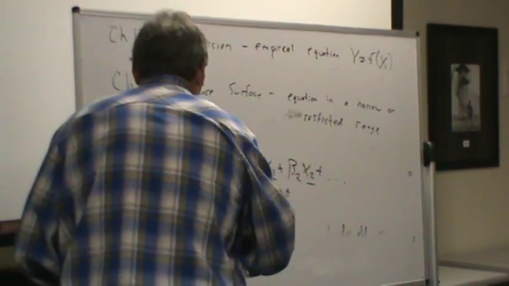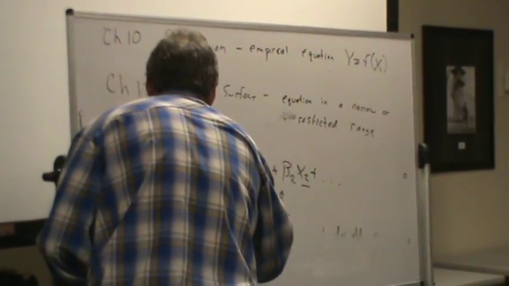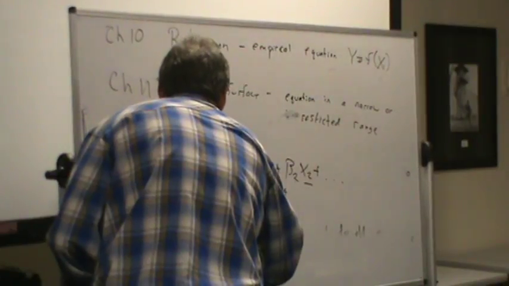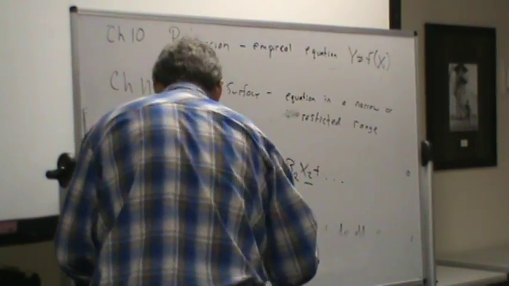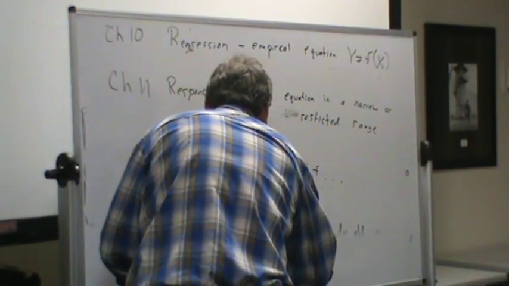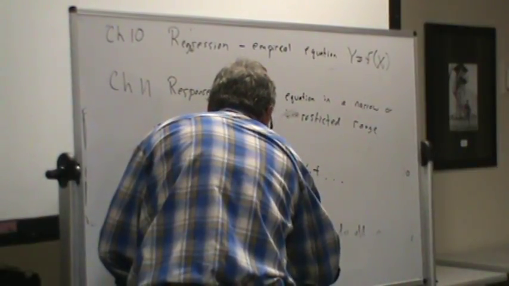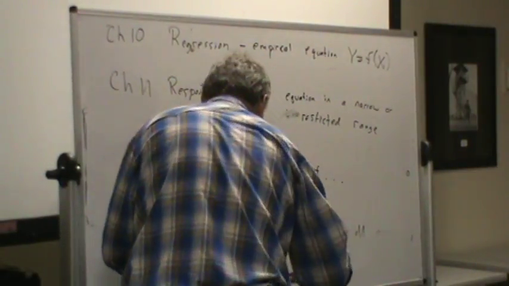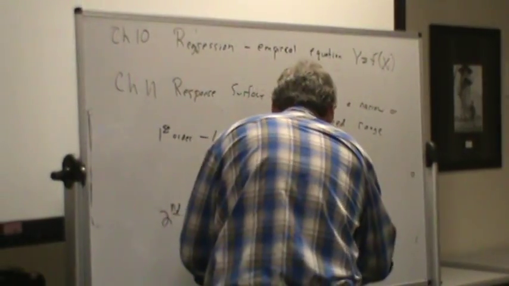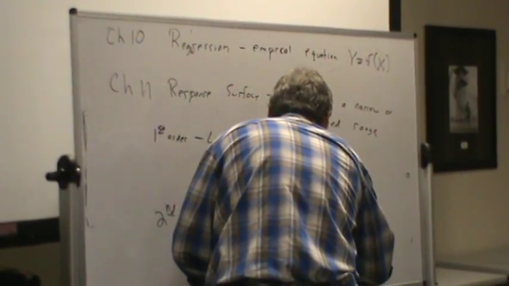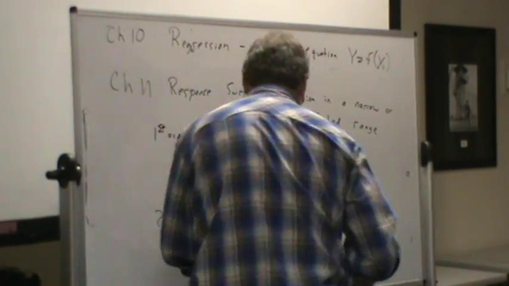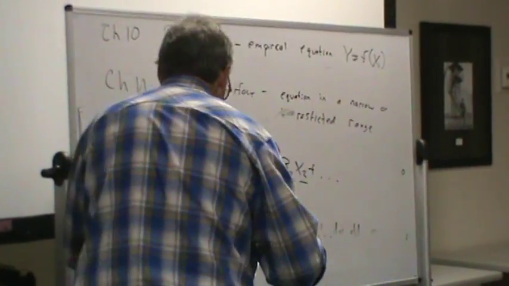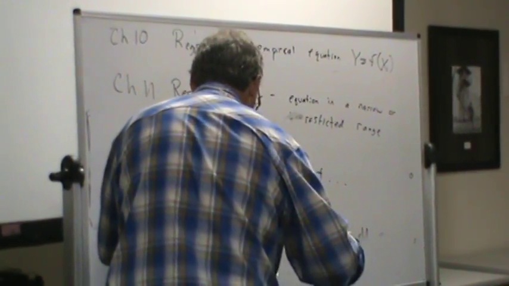Or we may do a second order, and you know what we're going to do there. Y is going to equal, we're going to include everything: beta 0, plus beta 1 times x1, plus beta 2 times x2, going on and on. And then we're also going to include the squared terms and the cross terms.